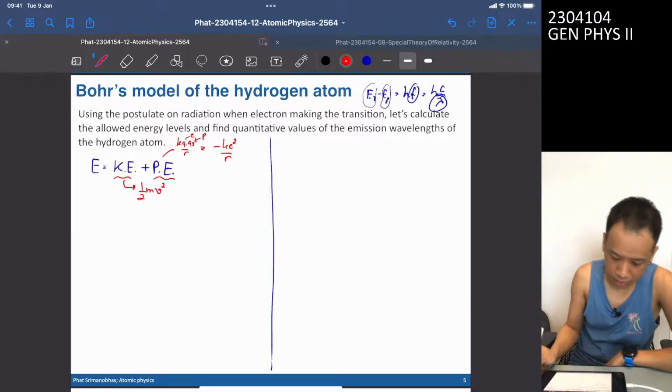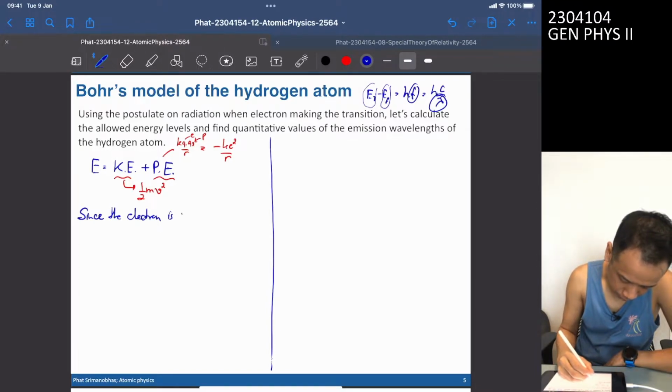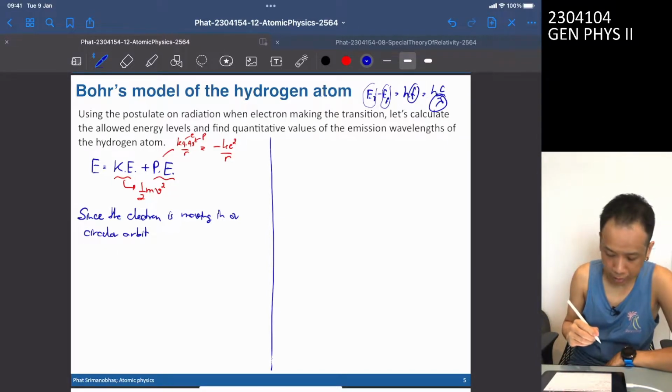Since the electron is moving in a circular orbit, you can find the force.